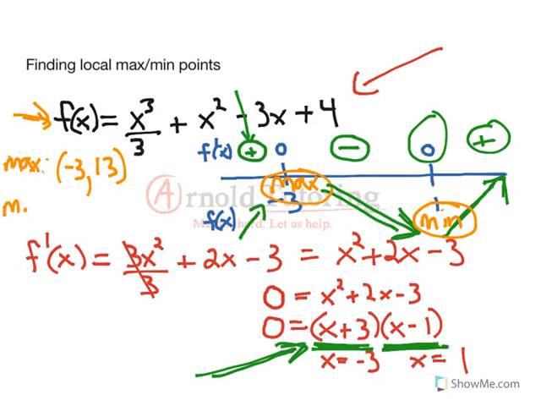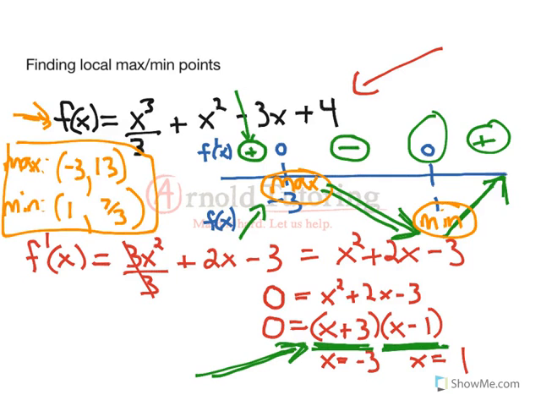And our local minimum, we know the x value is at 1, and if you plug 1 back in here, you'll get 1/3 plus 1 minus 3 plus 4, so 1/3 plus 2, it looks like, which is 7/3. So these are your local max and min.